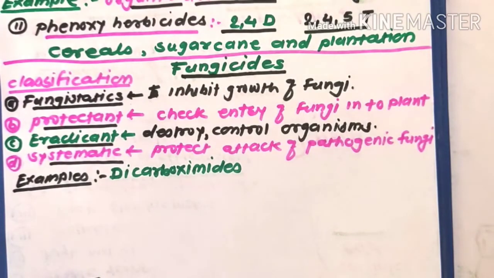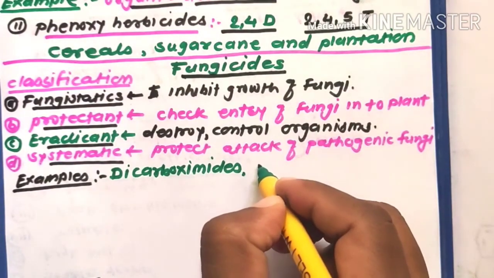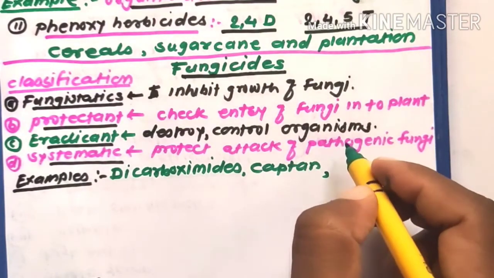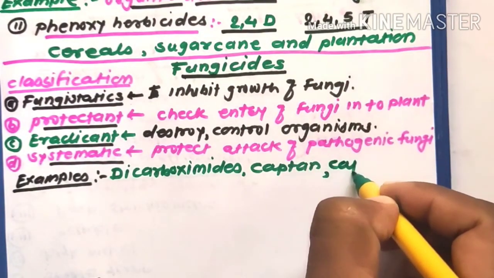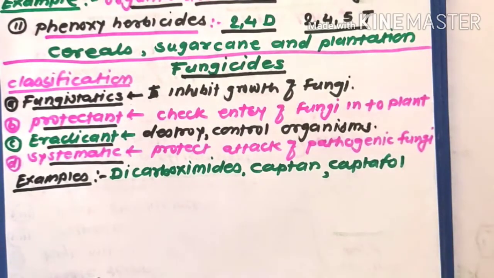These are derivatives which are useful as foliage-protecting fungicides. Then the second one, captafol. These are chemical components which can be used to protect the main crop from the fungus.